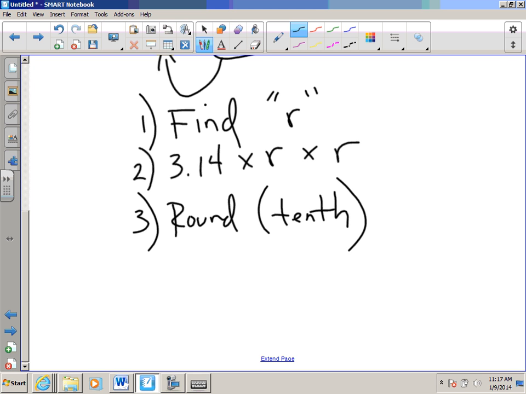And step 4, which is very similar to the circumference one, step 4 on the circumference was label. The only thing that's going to be different about the labels here, since I'm working with area, is what? Yeah, it's going to be squared.